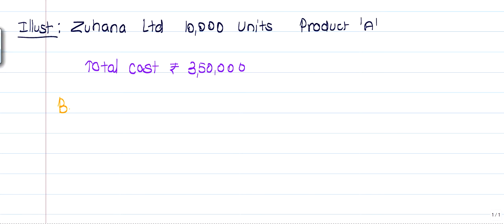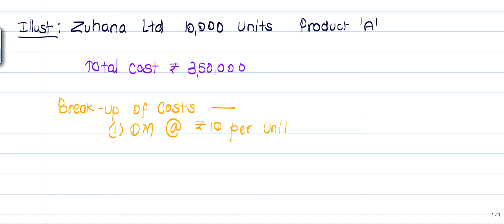See, these are the breakups. Breakup of costs. DM, direct material, at rupees 10 per unit. So 10,000 into 10 per unit comes to 1 lakh rupees.